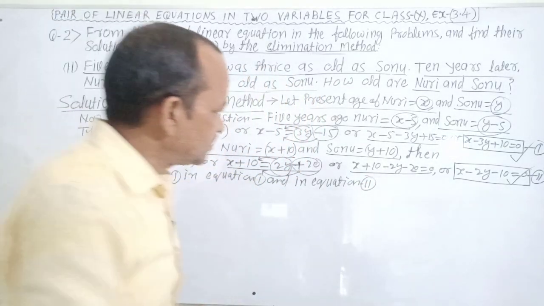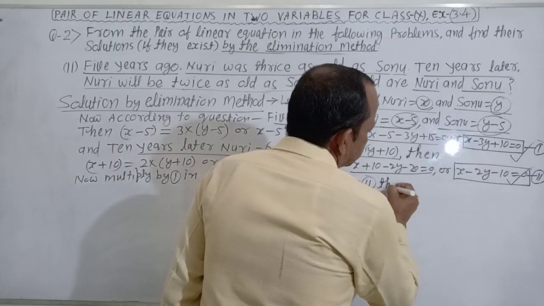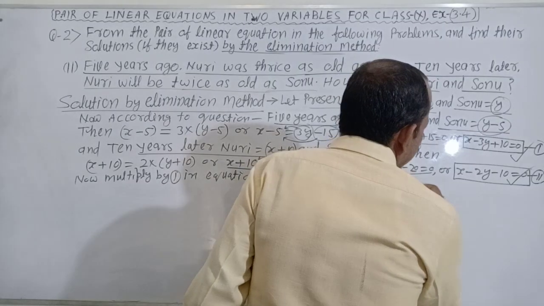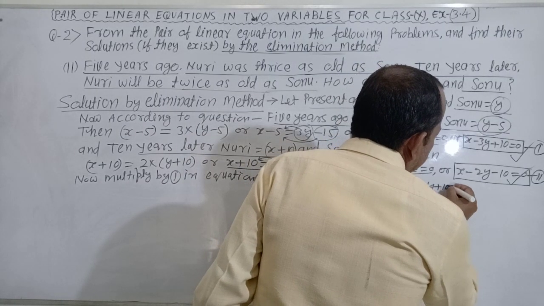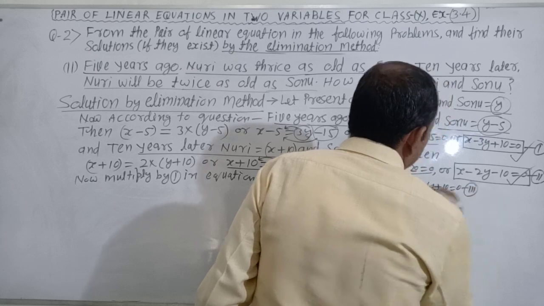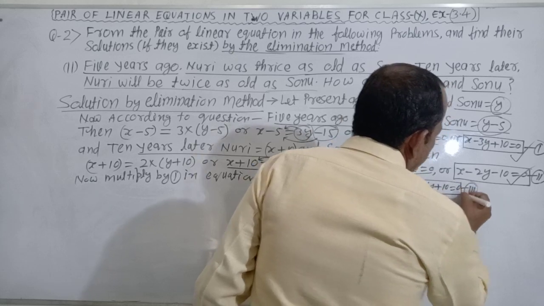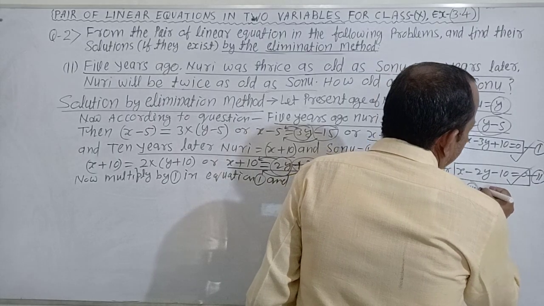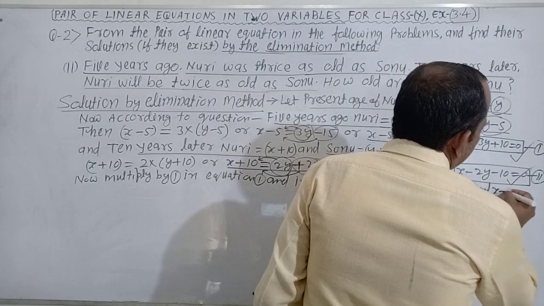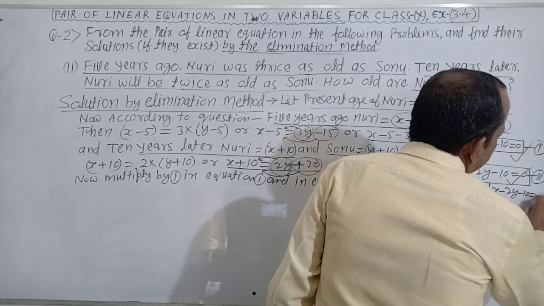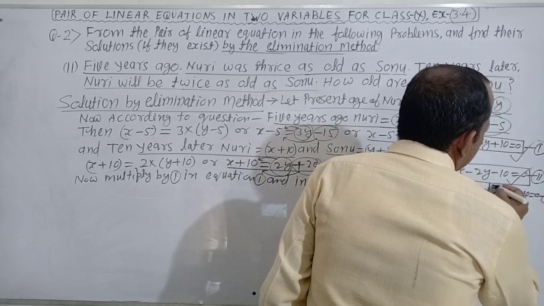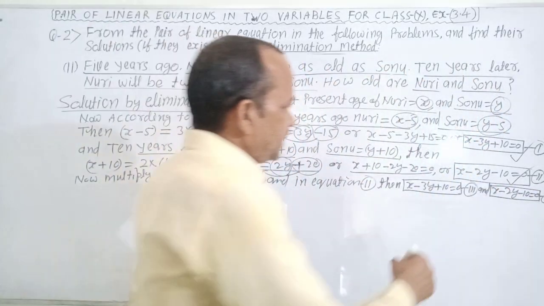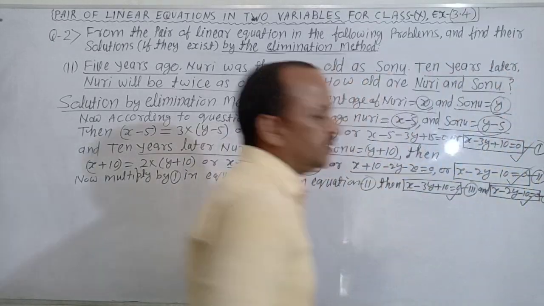It becomes x minus 3y plus 10 equal to 0. It is equation third. And x minus 2y minus 10 equal to 0. It is equation 4. You find equation third and equation 4.